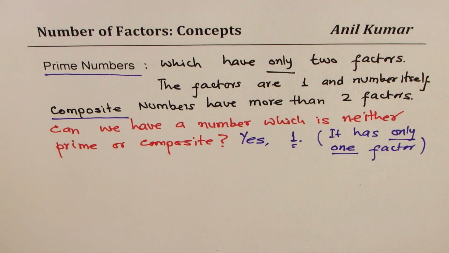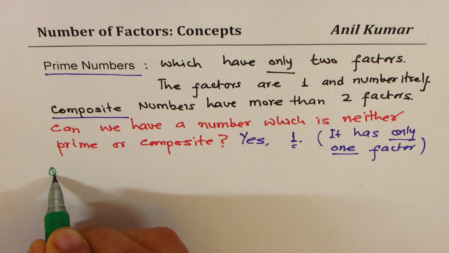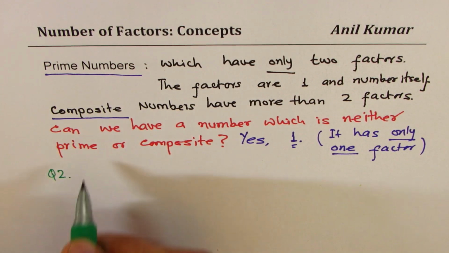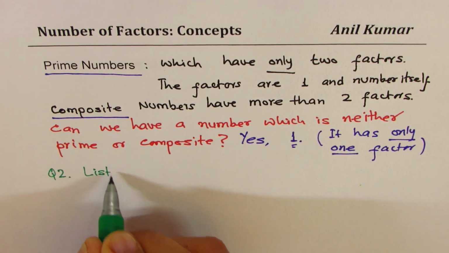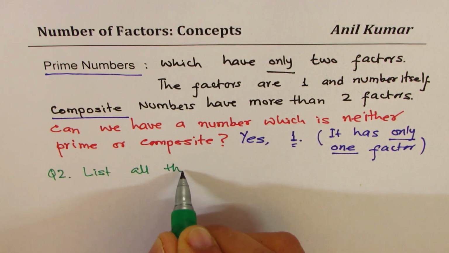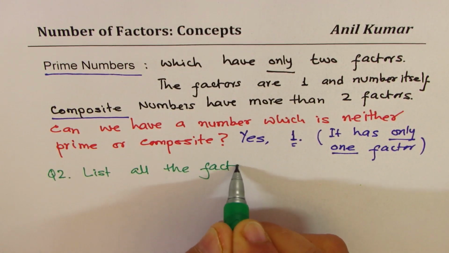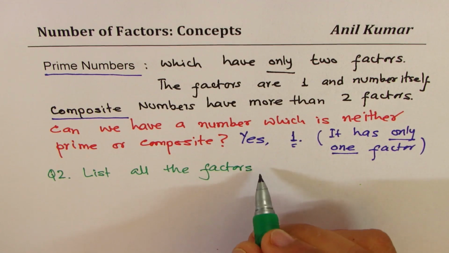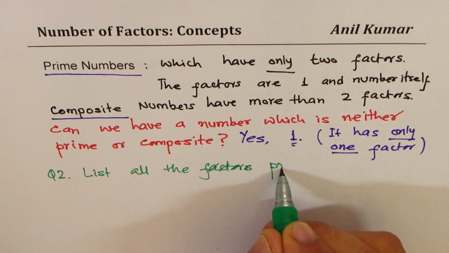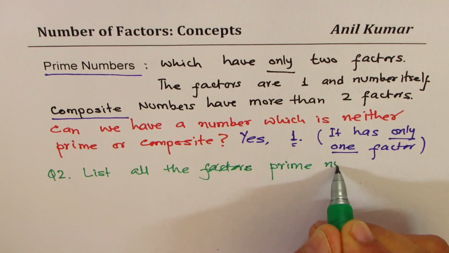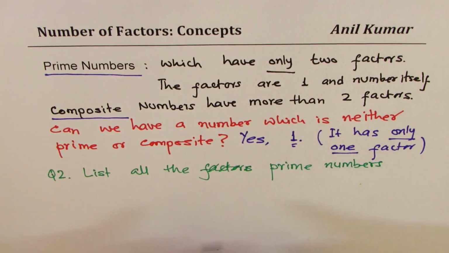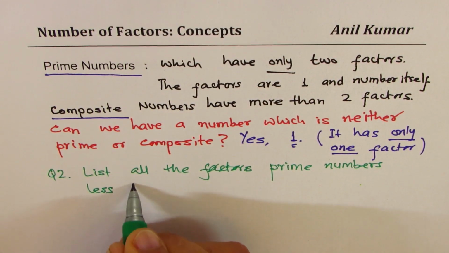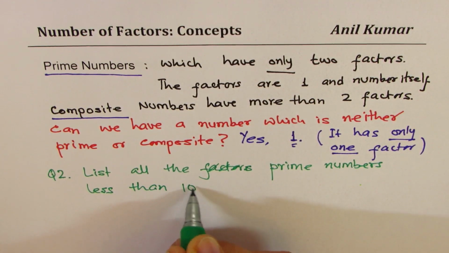So now you know what prime numbers are. So let me just leave this here and give you a question. Let's say question number 2, which comes to my mind, is: list all the prime numbers less than 100.